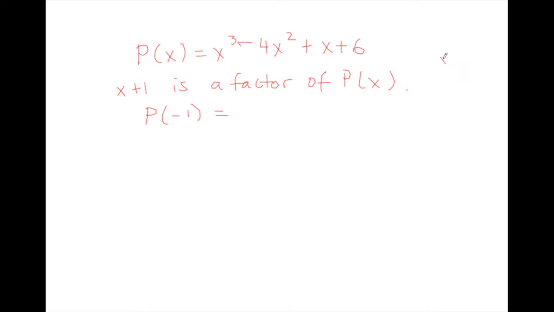Because when I set x plus 1 equal to 0, I get an a value of -1. So when I plug in -1 for x, I get -1 cubed minus 4 times -1 squared plus -1 plus 6, and that simply gives us 0.